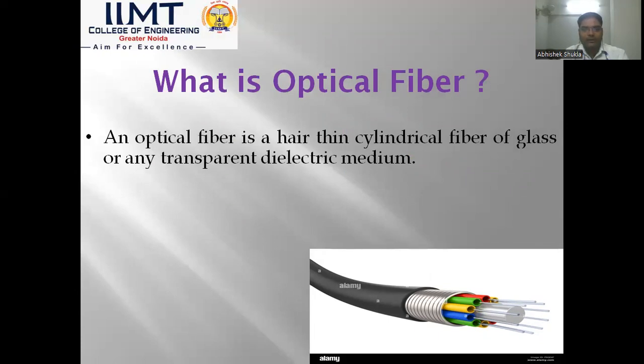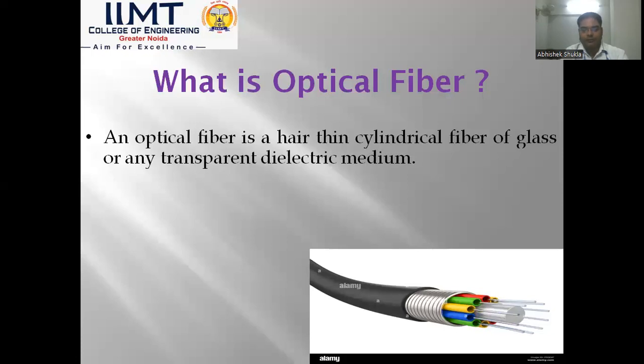So why do we need this optical fiber? As we know, without communication, we cannot communicate from one end to another. So for the proper upliftment of communication, we need a good medium to transfer our data from one end to another in a lossless way, so that we can communicate from one person to another, or one community to another, or from one country to another.